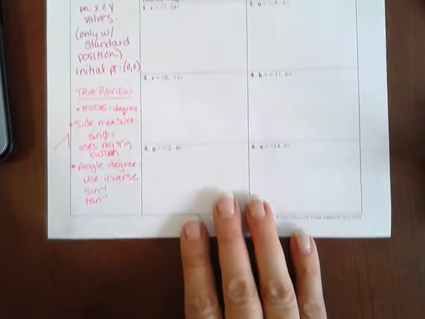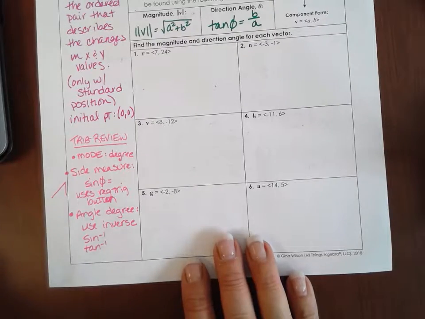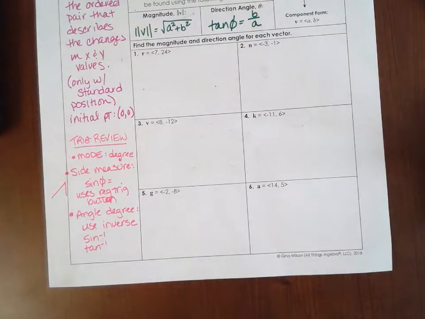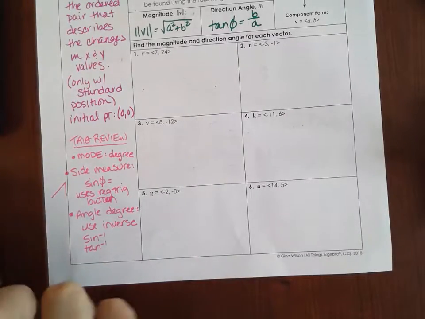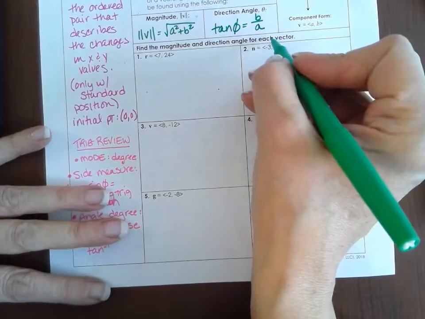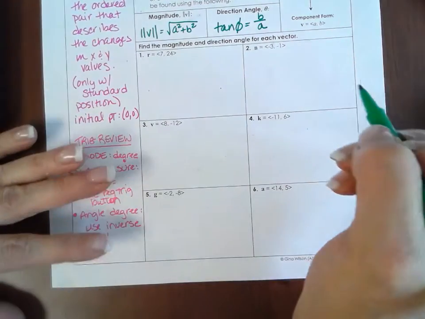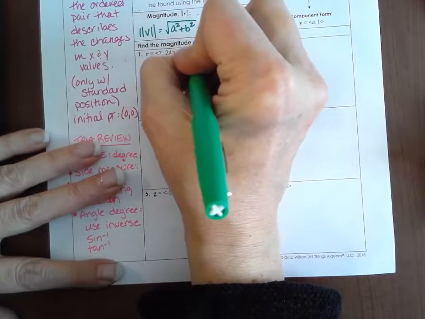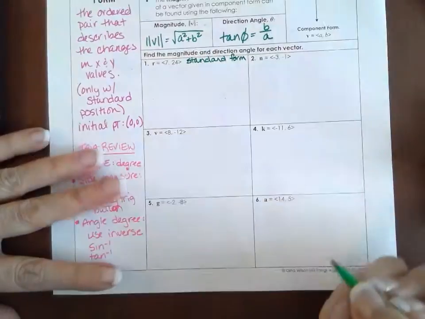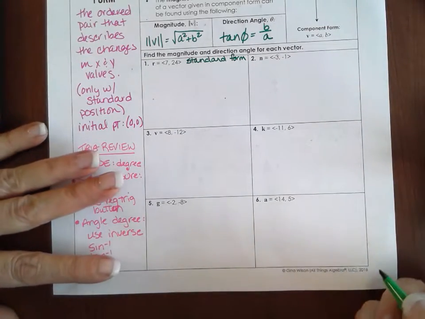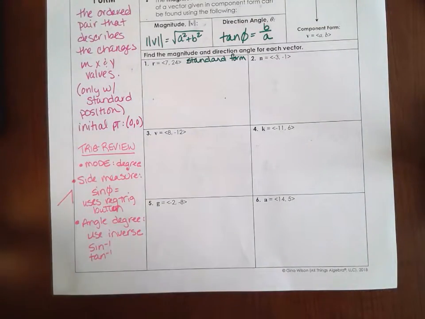Okay, so let's find our magnitude and direction. For each of these vectors, it is in standard form. Okay, I forgot to add that to the notes, but we're assuming they're all in standard.